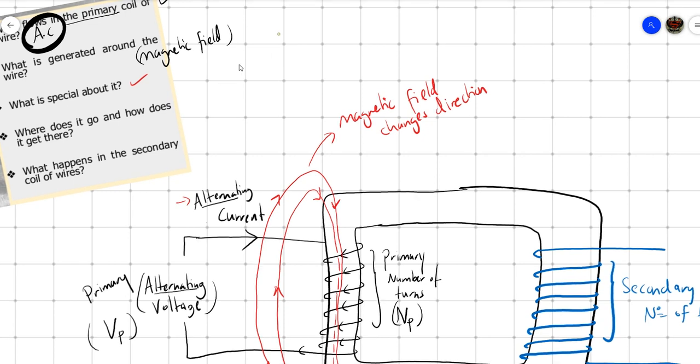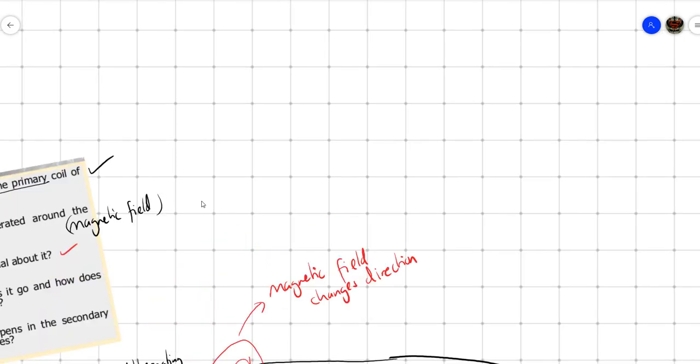Now remember the motor effect. What we have is current in a wire. What did this do? This creates a magnetic field around it.